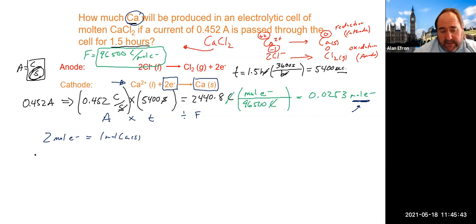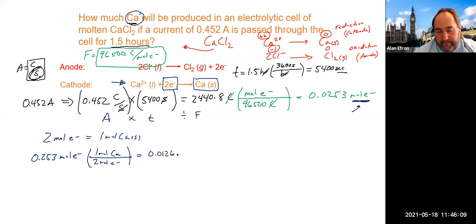So our next step: 0.0253 moles of electrons, using that mole to mole relationship from the equation, 2 moles of electron to 1 mole of calcium, gets us 0.0126 moles of calcium.